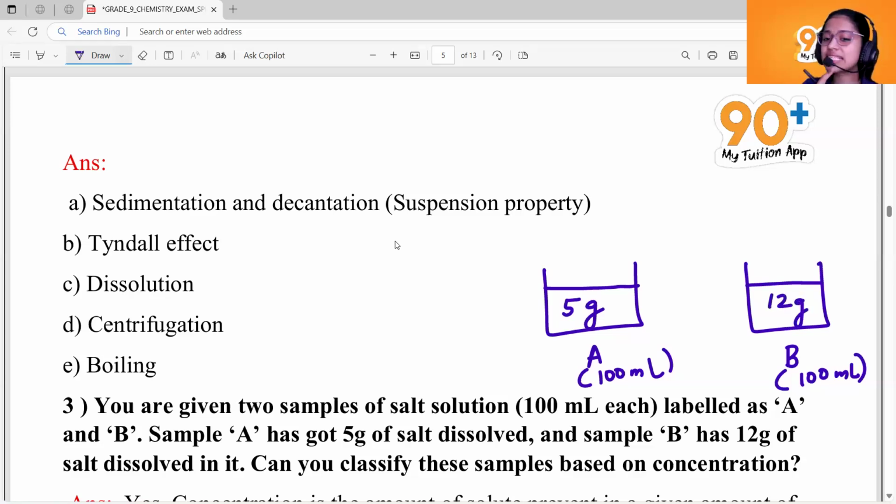Can you classify these samples based on concentration? What is concentration in the first place? Concentration is the amount of solute present in a given amount of solution.